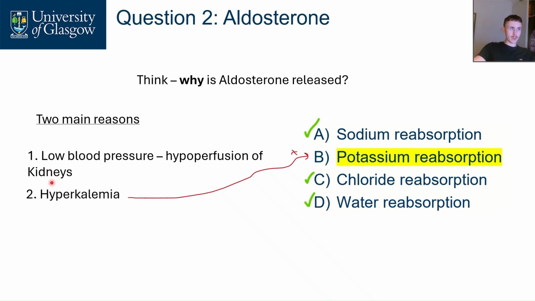And then the other main reason why aldosterone can be released is when there's high levels of potassium in the blood, hyperkalemia. This can directly trigger the release of aldosterone from the adrenal cortex, and that aldosterone release acts to rid the body of that excess potassium. So we can say that, of course, it's not B because aldosterone is important for excreting potassium.